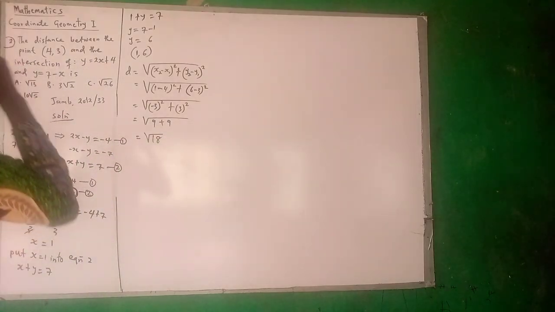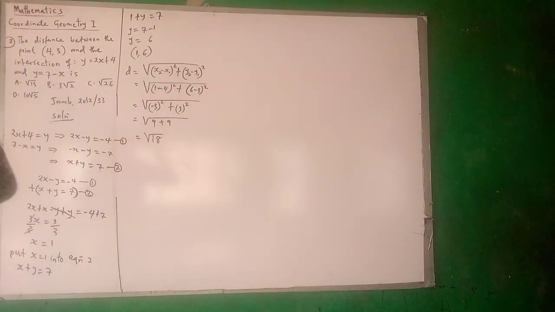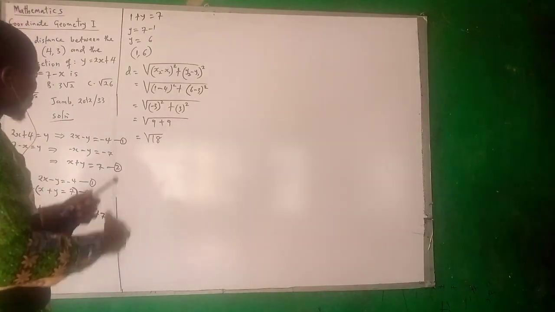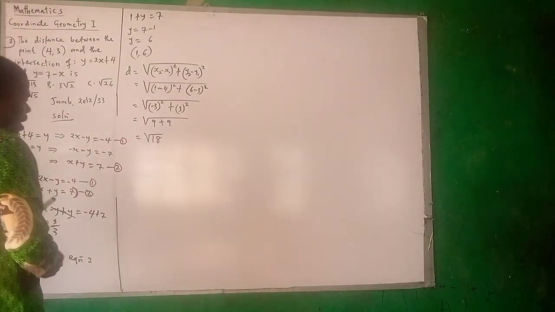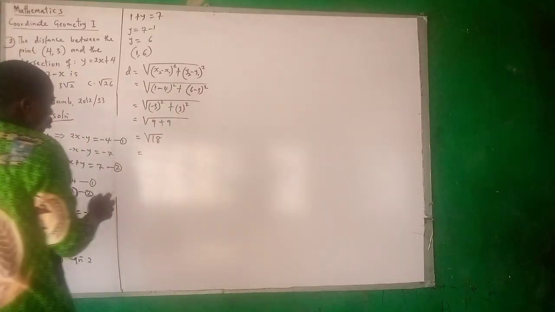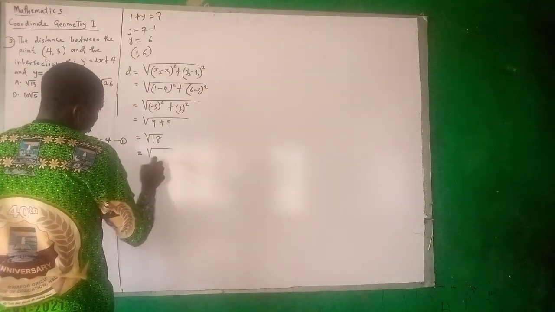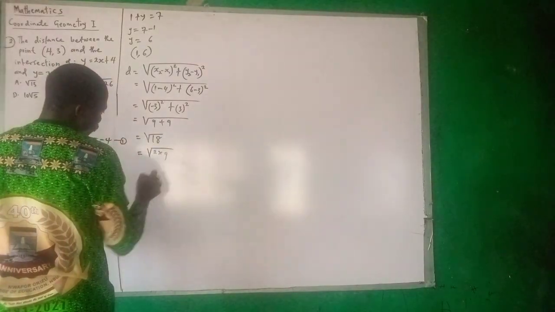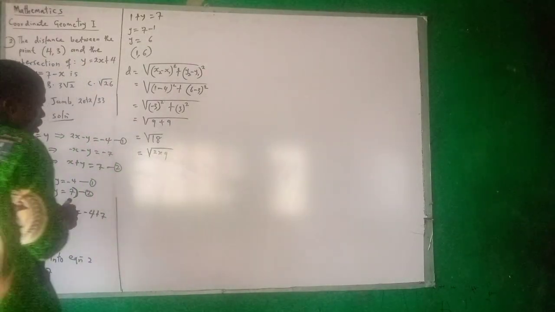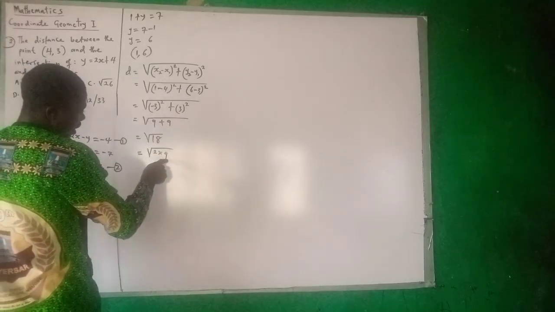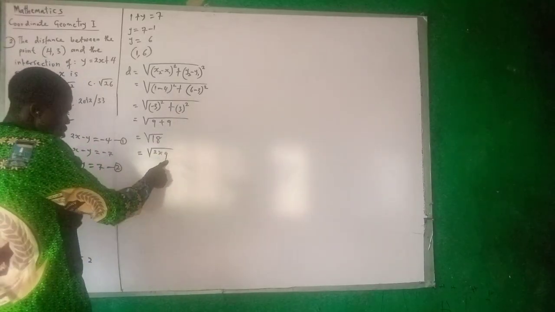That is 18. Then in one of my topics, I'm going to teach you surds, so that you can simplify surds. Let us simplify this surd. By simplification of the surd, I'm going to get this. Now 2 times 9. Of course, you know that I'm not changing anything, because 2 times 9 is 18, right? And the square root of 9 is what? It is 3.